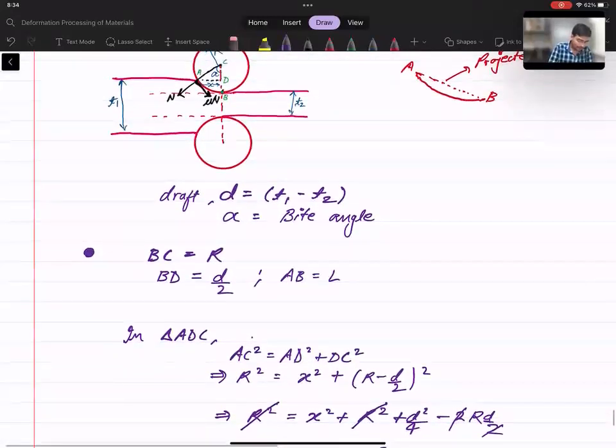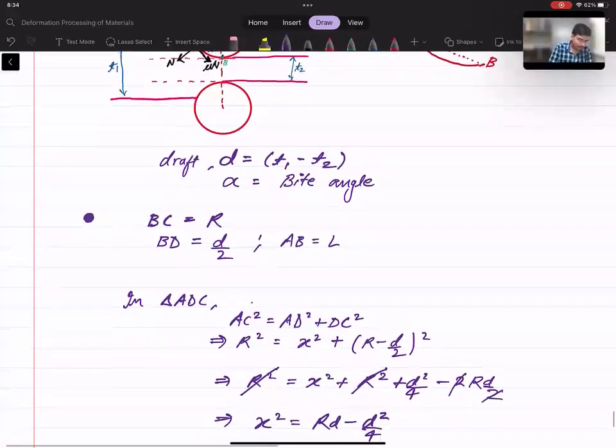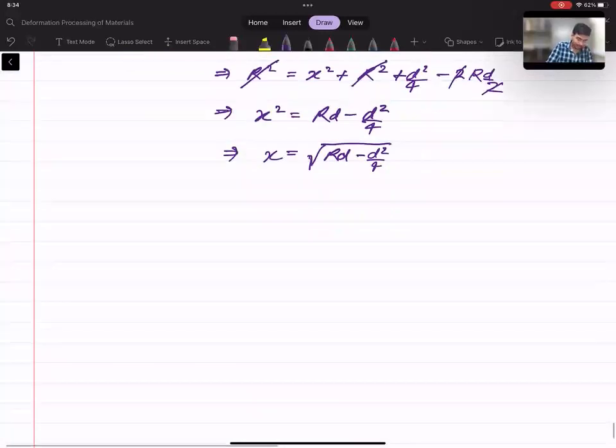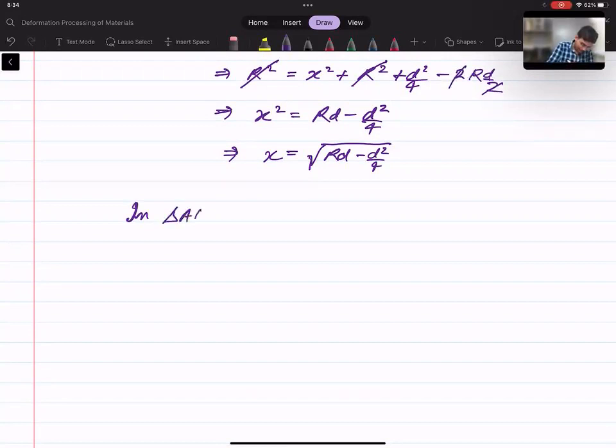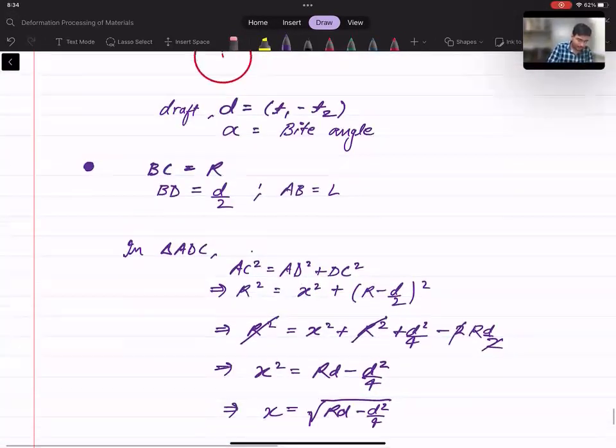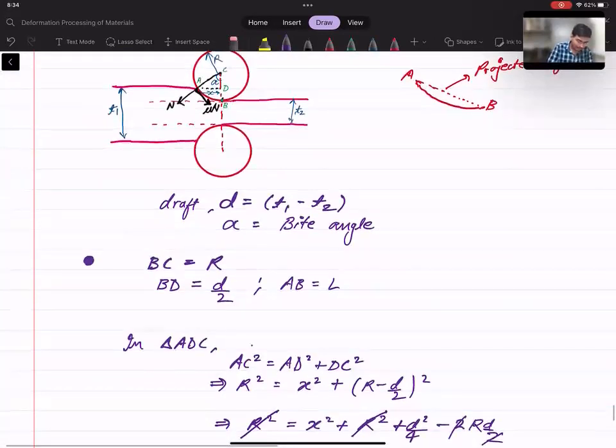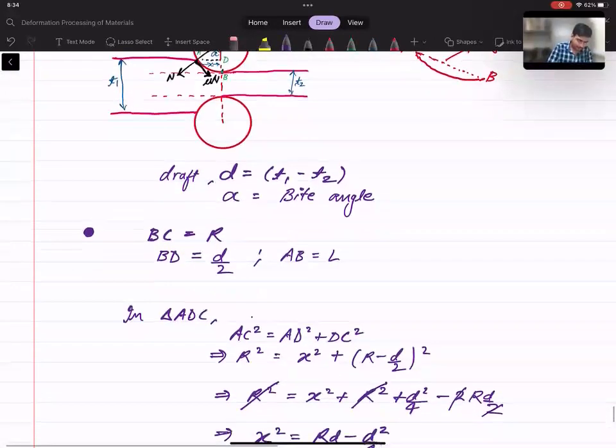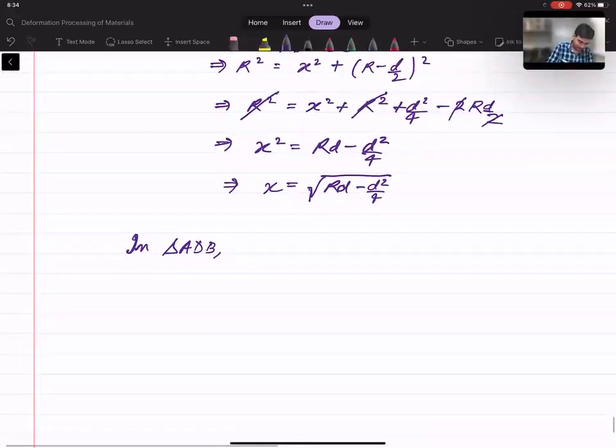Now we have to find AB. So let us now consider the triangle ADB. In triangle ADB, again applying the Pythagoras theorem, AB square is AD square plus BD square. Let us substitute the values.